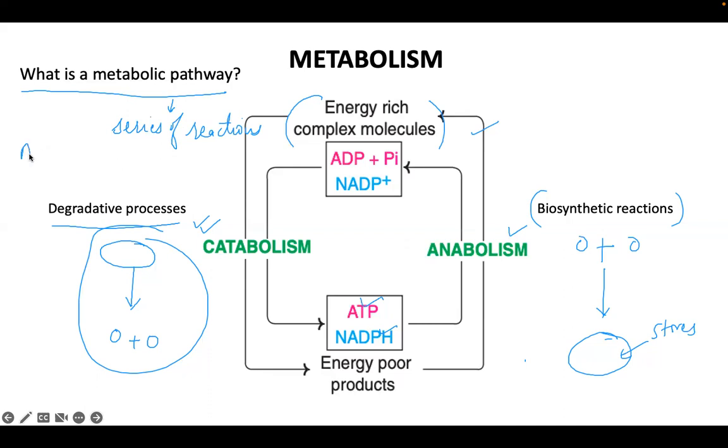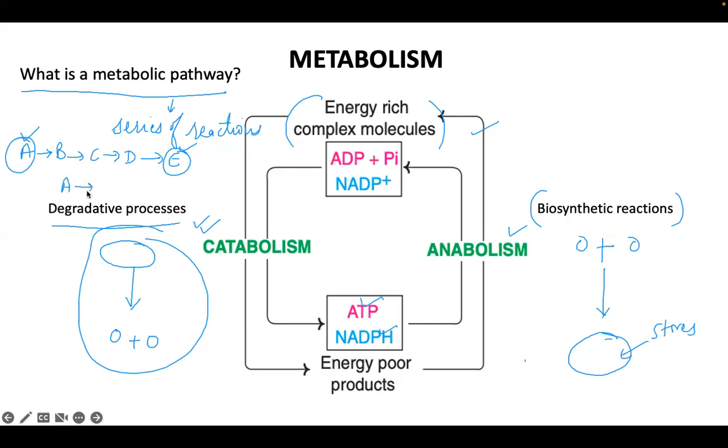For example, let's suppose that there is this one specific molecule A. This molecule is acted upon by an enzyme and it gets converted into B and subsequently to C, D, and let's say the final product is E. So from A to E, where A is the initial precursor molecule and E is the final product. Now, this reaction of A to E didn't happen in just one reaction.